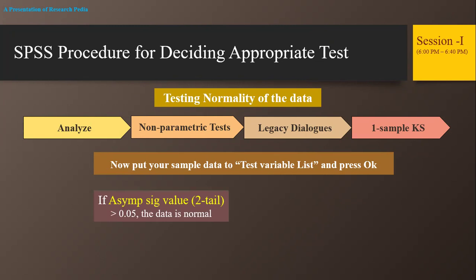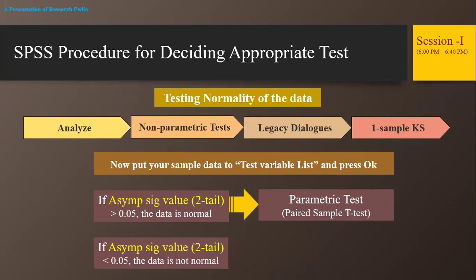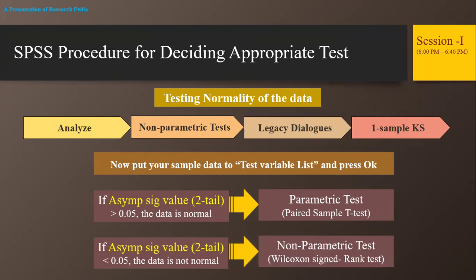If asymptotic sig two-tail value is greater than 0.05, the data is normal. You need to choose a parametric test, which is the paired sample t-test. And if your asymptotic sig two-tail value is less than 0.05, the data is not normal. You need to choose a non-parametric test, which is the Wilcoxon signed rank test.